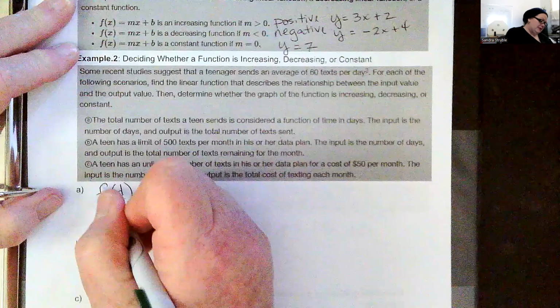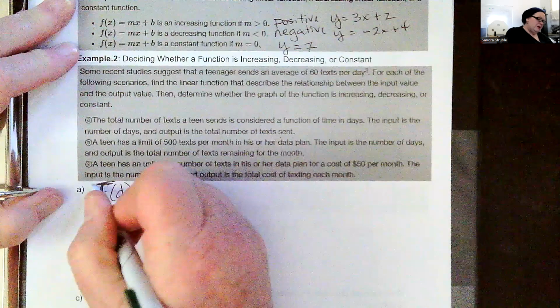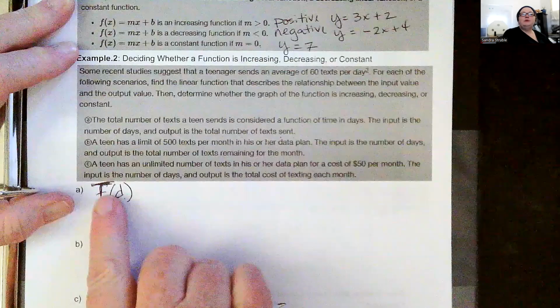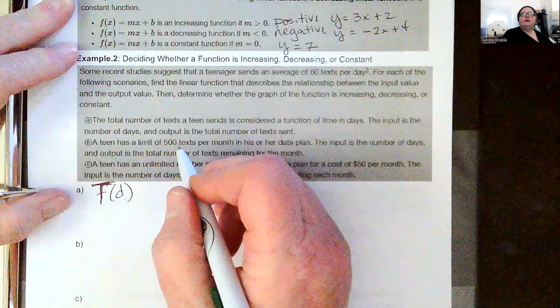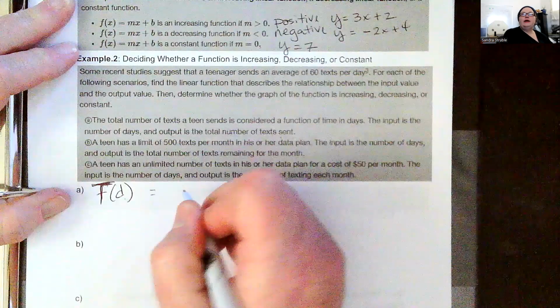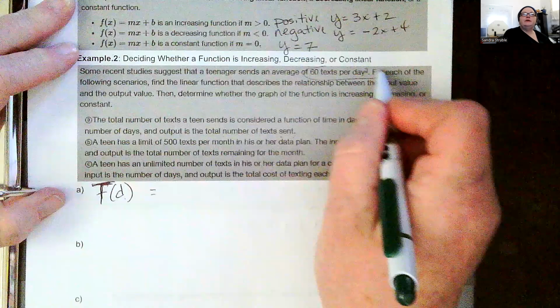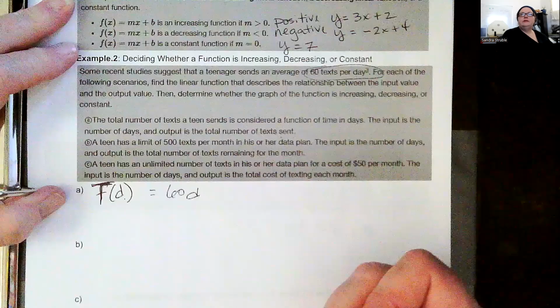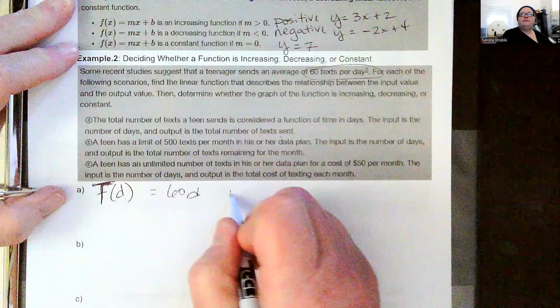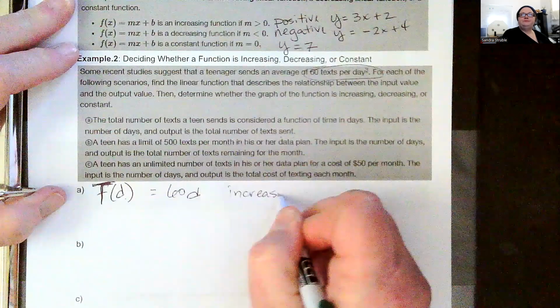So we could actually make this a T for texts. That would probably make more sense to you. Texts per day. So for each day, we can figure that out, and we just need to know how many texts there are per day. Well, there's 60 texts per day. So 60D. Done. This is an increasing function because it is positive.